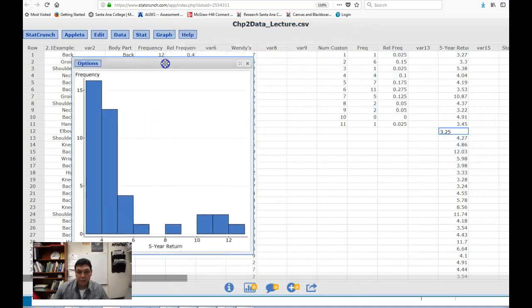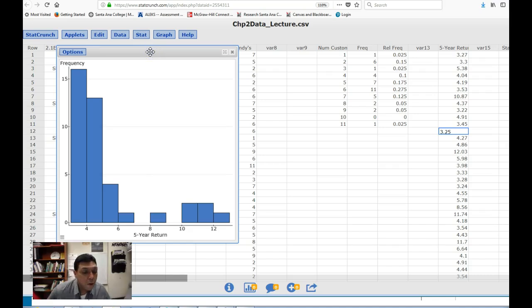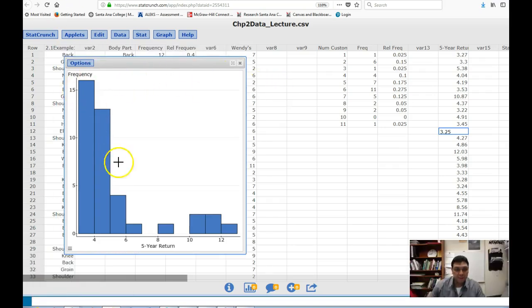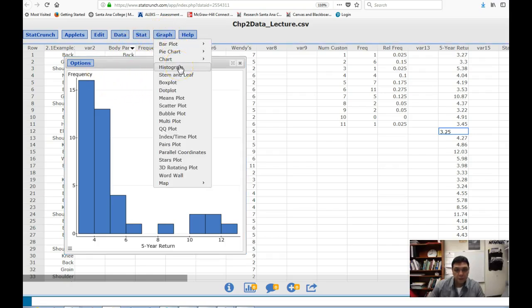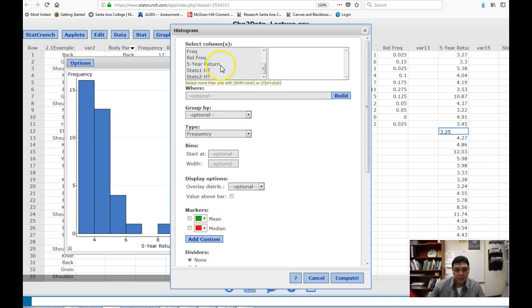And so you can see here is the histogram for that set of data. I can tell already it's skewed. It looks like it's skewed right. And that's a frequency histogram. We can go ahead and do the same thing, histogram, same data, and then we would want to create a relative frequency.